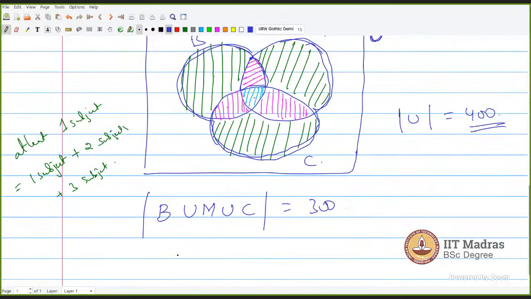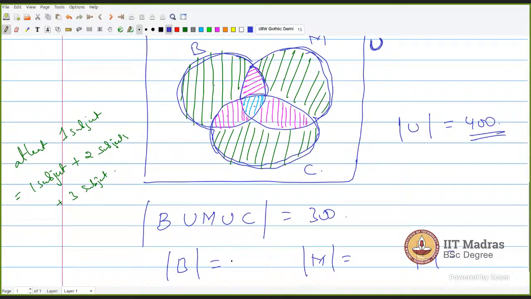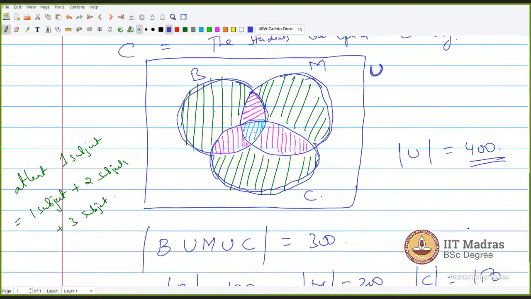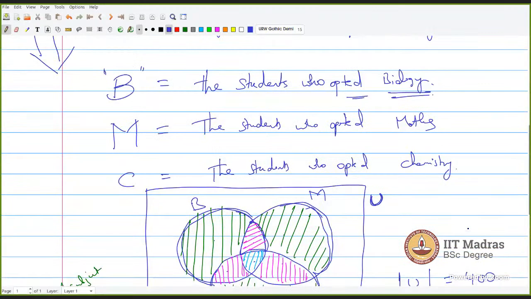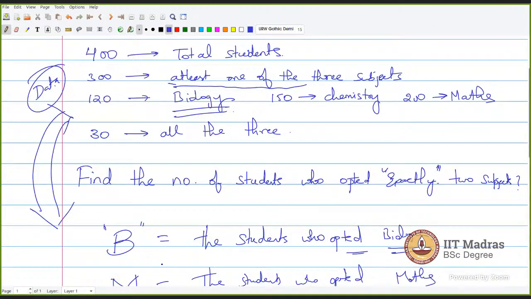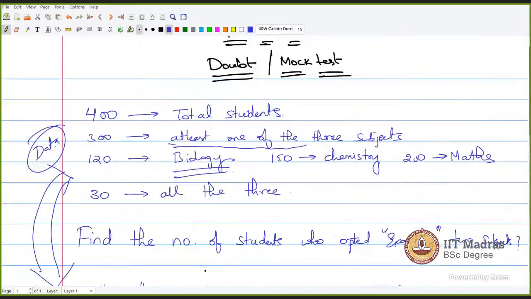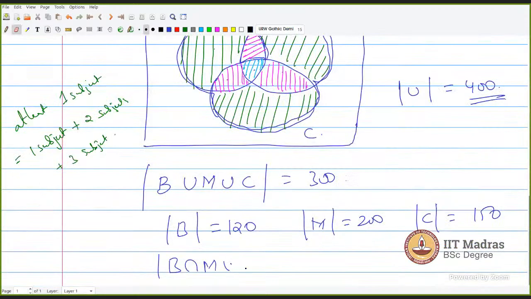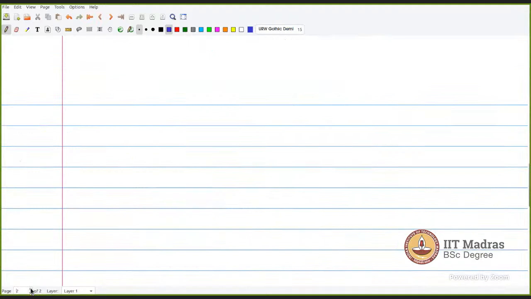And the cardinality of each set is given to us: biology is 120, maths is 200, chemistry is 150. And B intersection M intersection C, the students who have opted all 3 subjects, is given as 30.